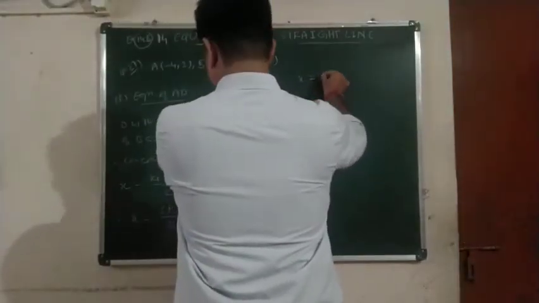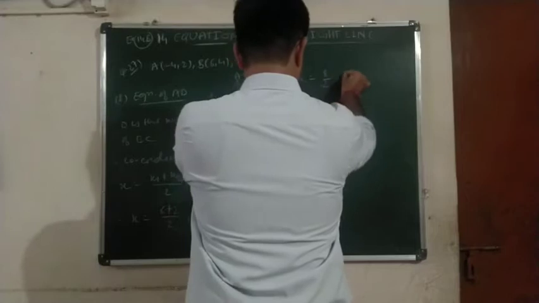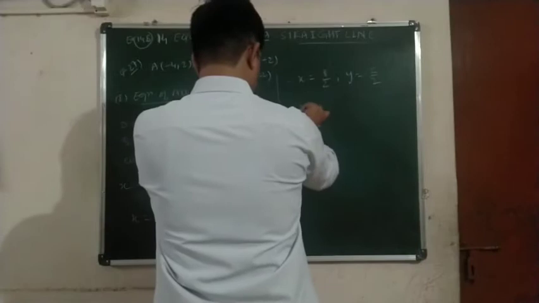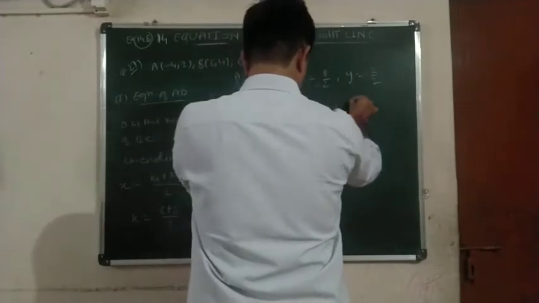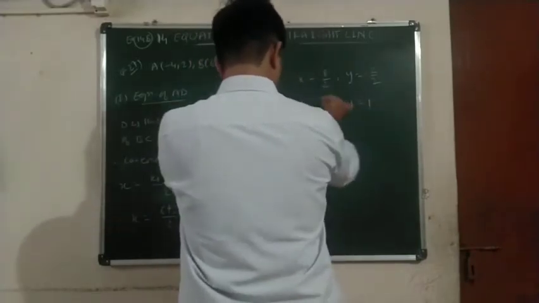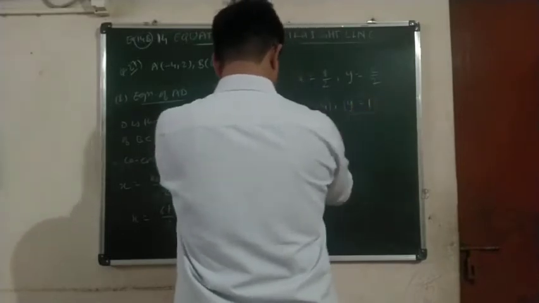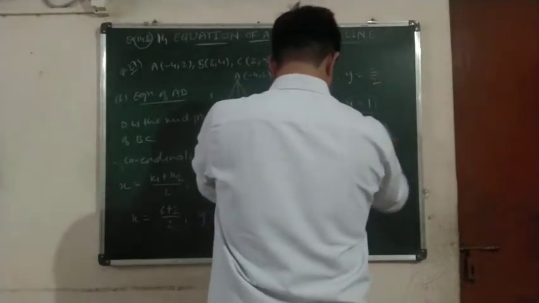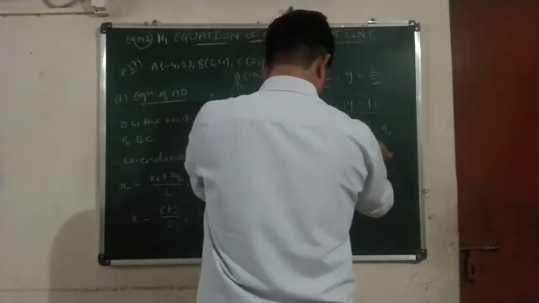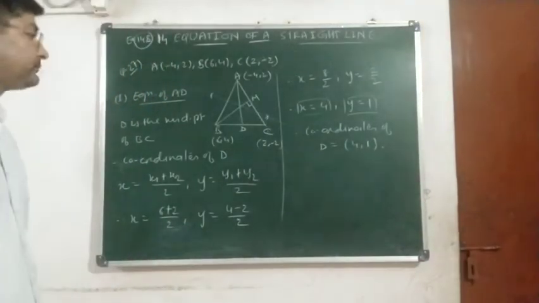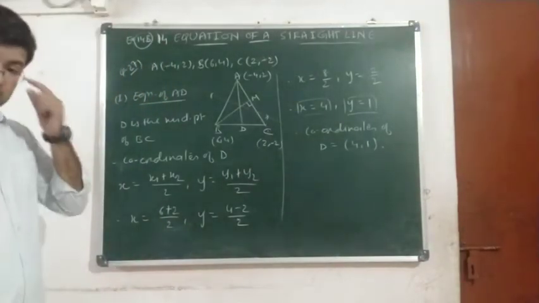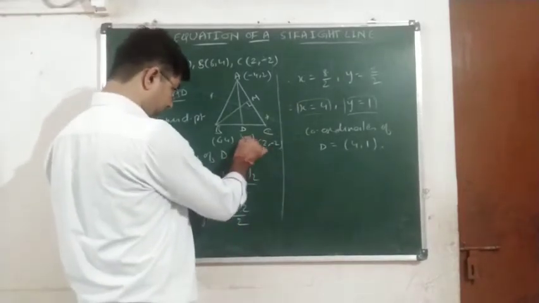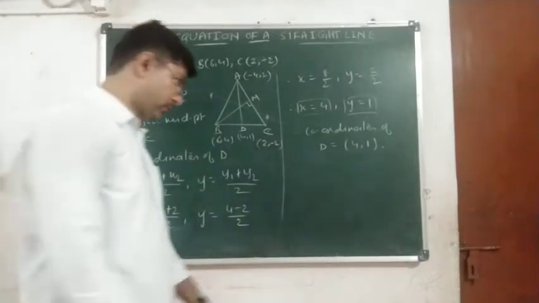Therefore x is equal to 8 upon 2 and y is equal to 2 upon 2. Therefore x is equal to 4 and y is equal to 1. So the coordinates of D we got to be 4, 1. Clear? So now we can form the equation of AD using the 2-point formula.